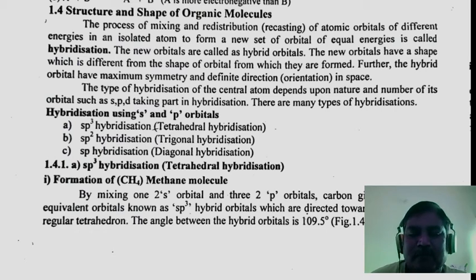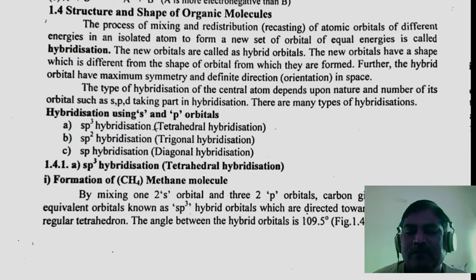In sp3 hybridization, always one 2s orbital and three p orbitals are used. So one s orbital and three p orbitals are mixed with their different energies and again redistributed so as to give four sp3 hybrid orbitals.